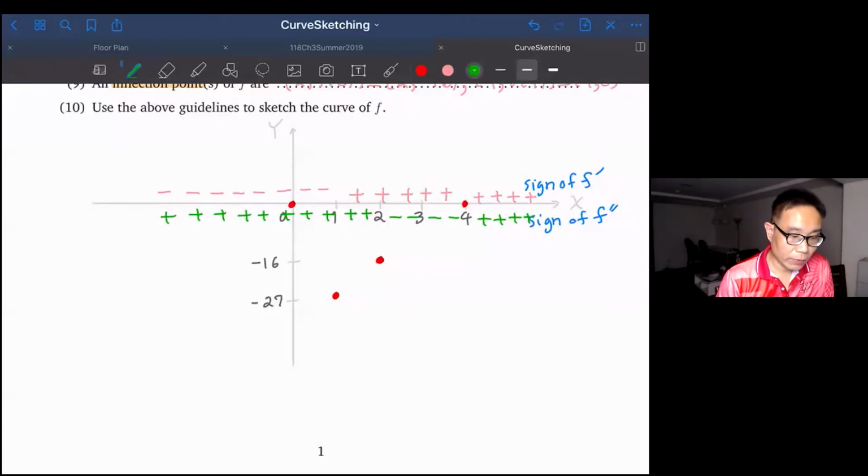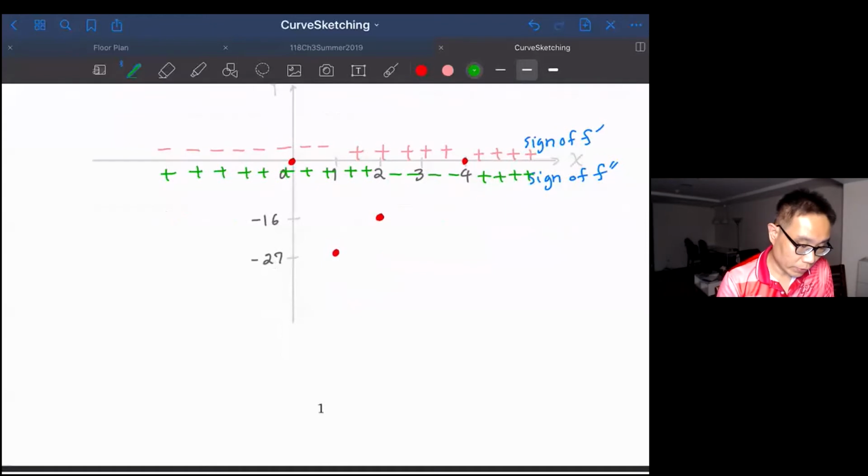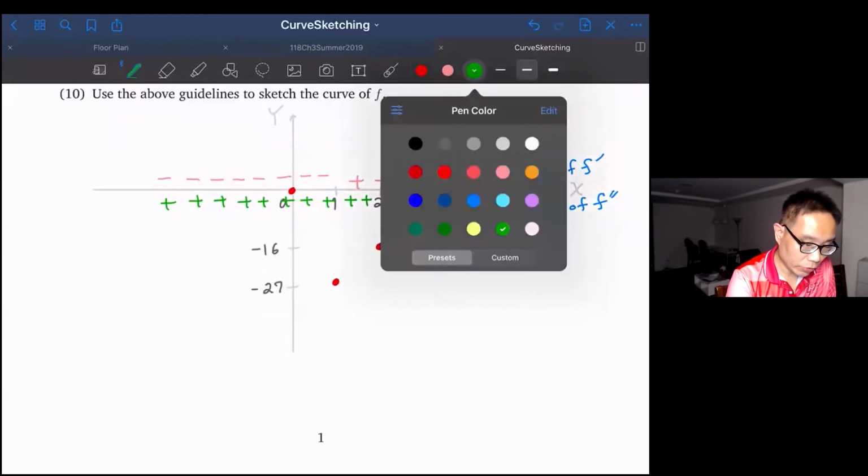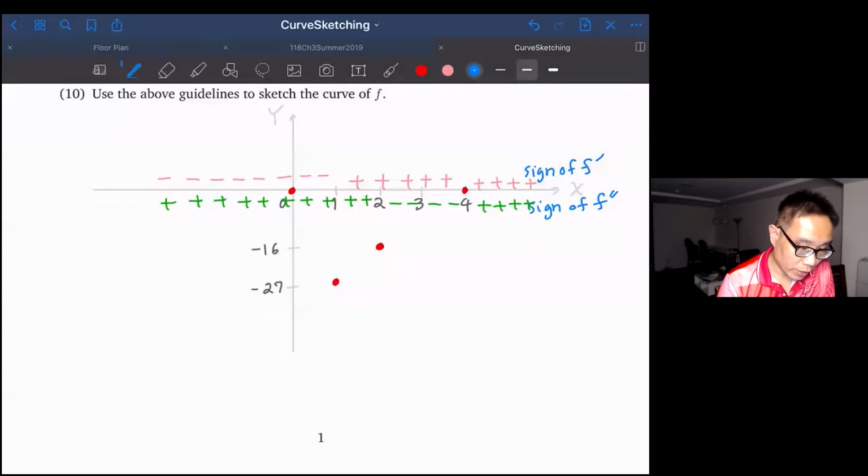The next one that we're gonna try to determine will be the shape of the graph in each interval. So you see that you're gonna separate this one, maybe you see the sign here. This one is negative, positive, okay, for f prime and f double prime. So this one is negative, positive up until 1.